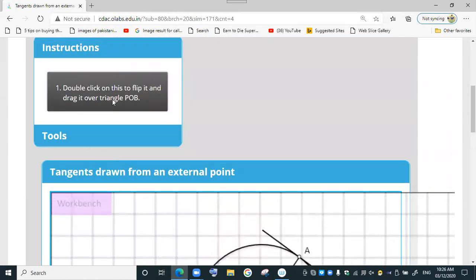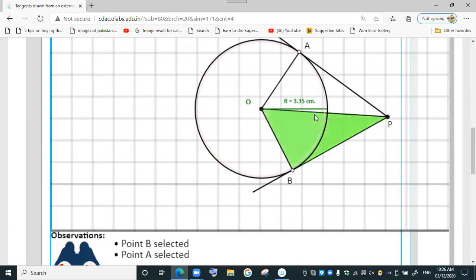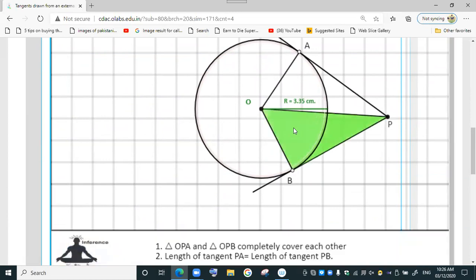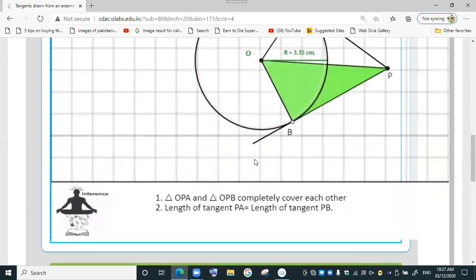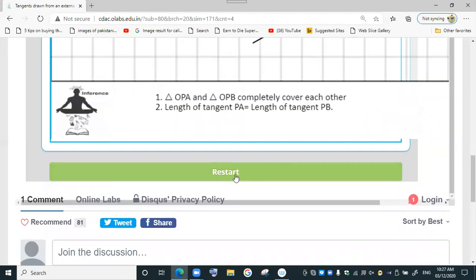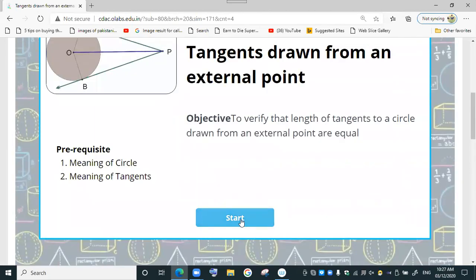Double click on this to flip it and drag it into triangle POB. Yes. So I think there is a problem here. It was not clicked. You can do it again. Restart. Start.